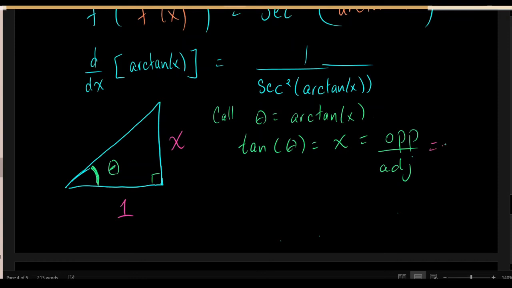Because then opposite divided by adjacent would be equal to x divided by 1, which, sure enough, is equal to x. So in this right triangle, if I have one leg that's x and one leg that's 1, what would the hypotenuse be? The hypotenuse, by Pythagorean theorem, would be the square root of 1 squared plus x squared.